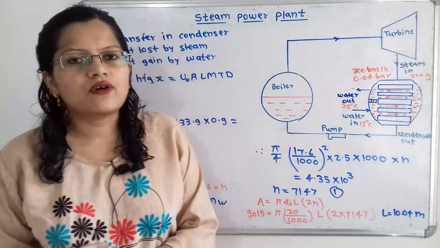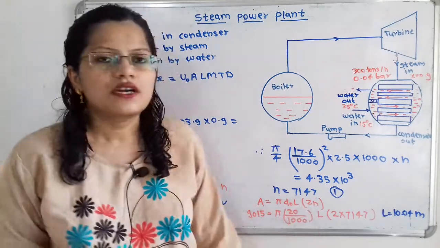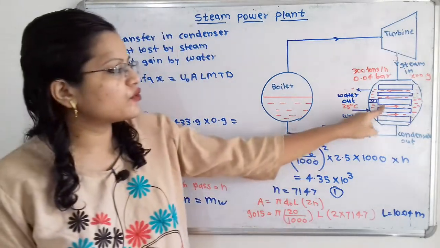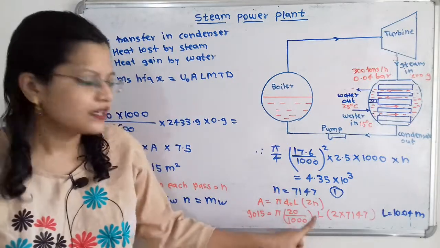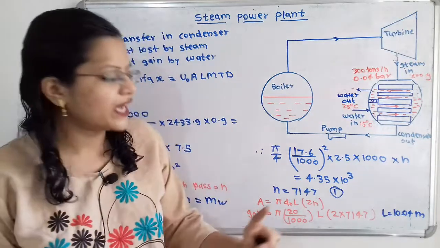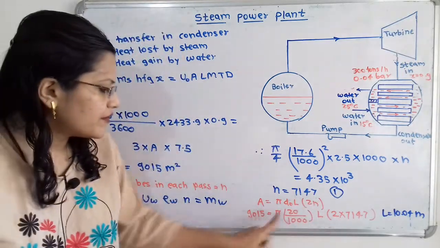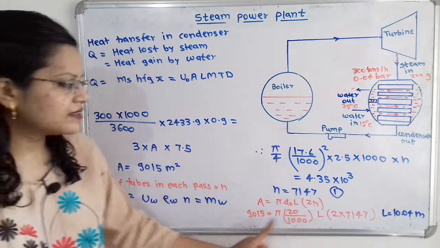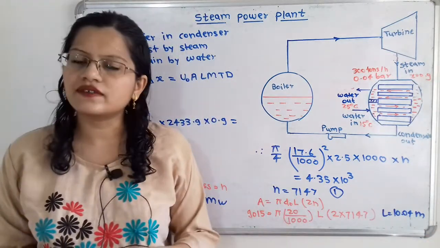So pi D_o L multiplied by the total number of tubes in the condenser. Because there are 2 passes, we take 2N, so 2N is the total number of tubes. Suppose there are 3 passes, then we would multiply by 3N. We put in all the values, and one unknown is there, that is L, and L is equal to 10.04 meters. This is the answer to the second question.